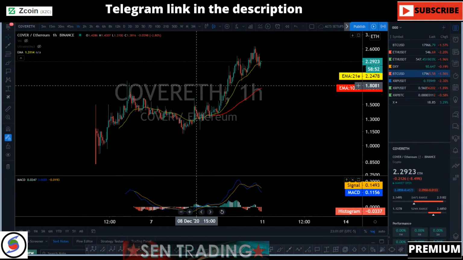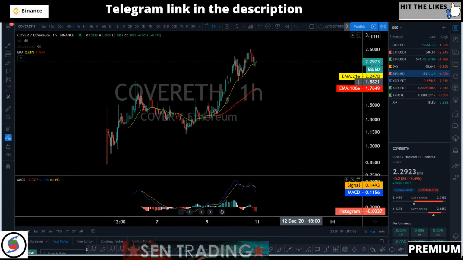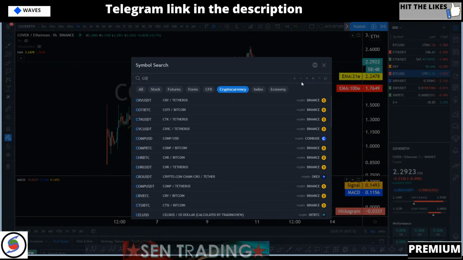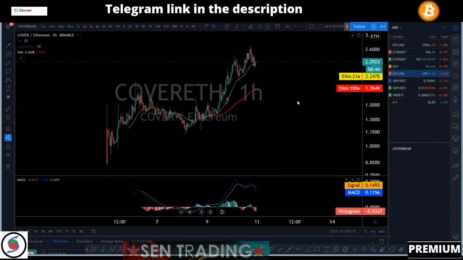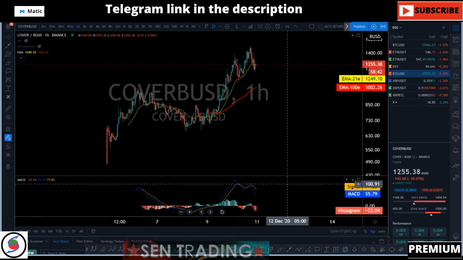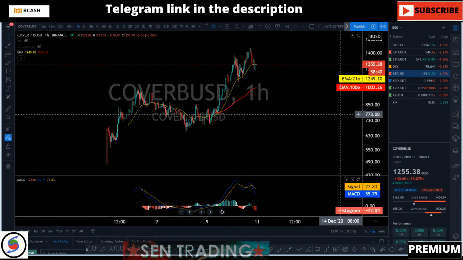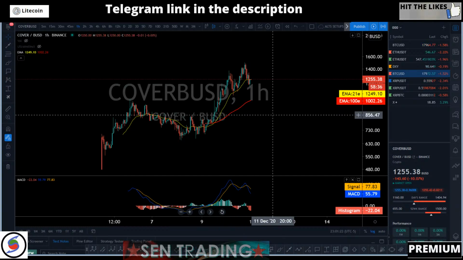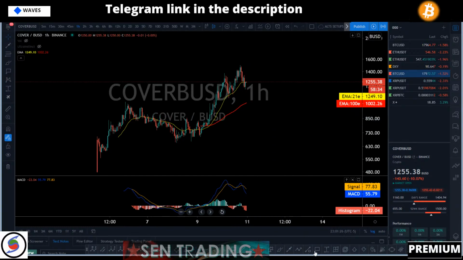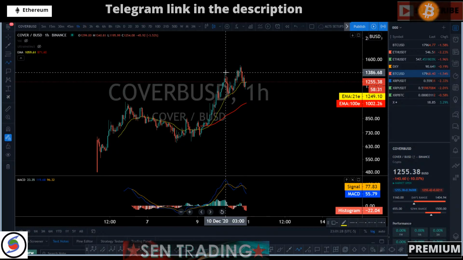Versus Ether, it is bullish. I don't know why I'm checking it versus Ether. It's not available versus... hey, you got a bullish pattern. So that's the hourly basis. One thing you need to wait for is a bullish crossover on your hourly basis, right?